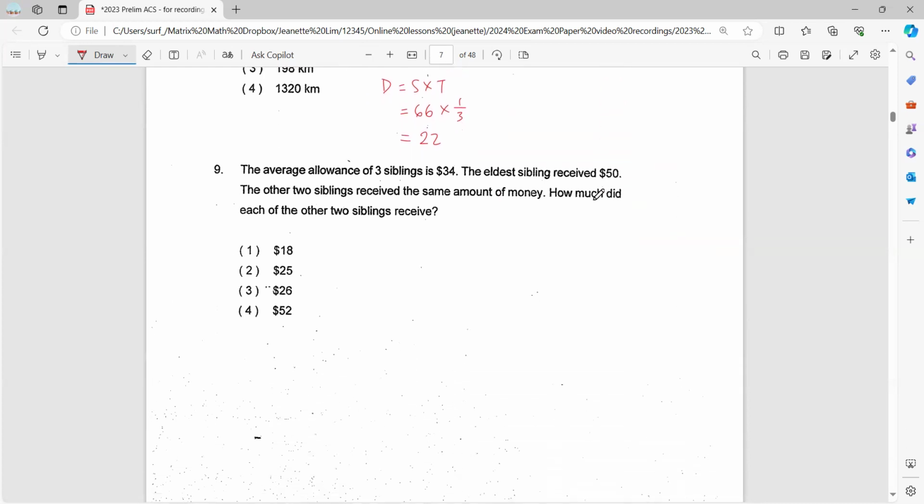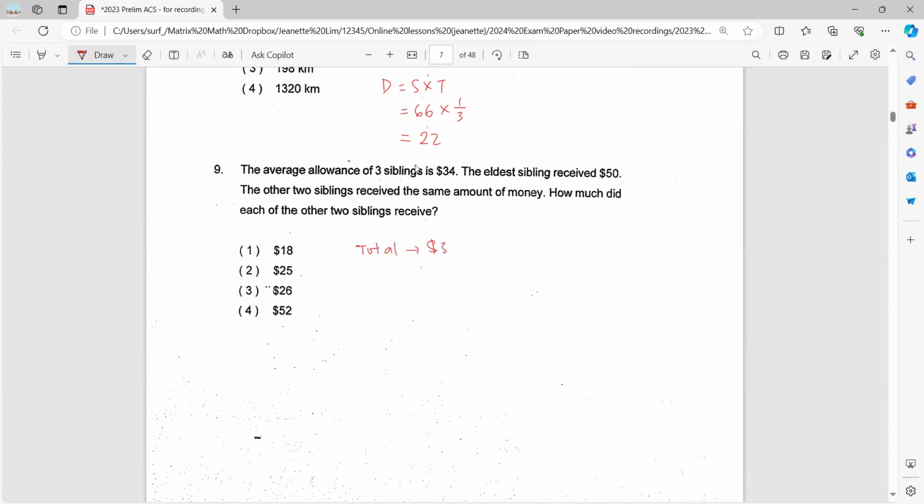Question number 9. The average allowance of 3 siblings is $34. Eldest sibling received $50. The other 2 siblings received the same amount of money. How much did each of the other 2 siblings receive? So first, if they are given average, you can find the total because there are 3 of them.